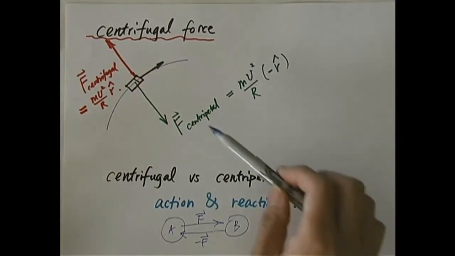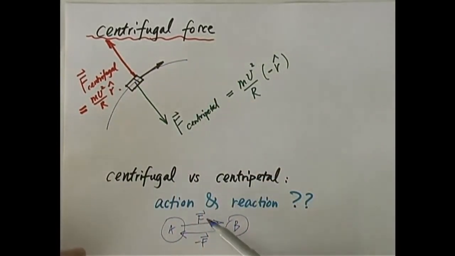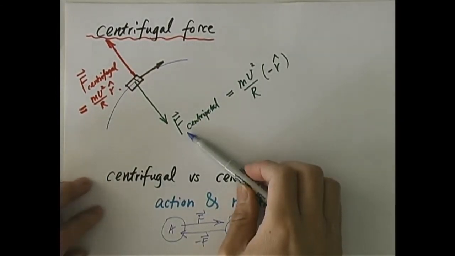And secondly, these two forces, unlike action and reaction, do not come from the exact same physical origin. For example, if this is a book and this is the table, a book sits on the table, the book presses the table down with a normal force. The table pushes the book up with a normal force. Both action and reaction have exactly the same physical origin. They're both normal forces. Here, the centripetal force is a real physical force.